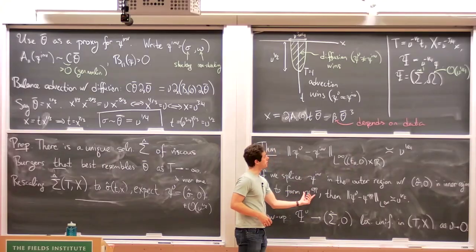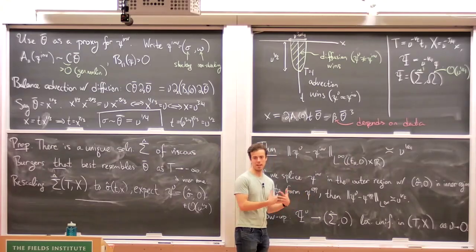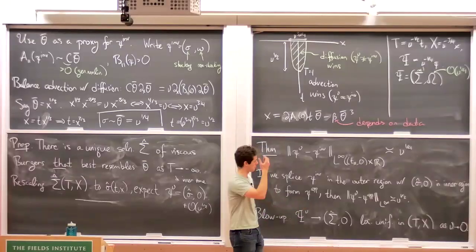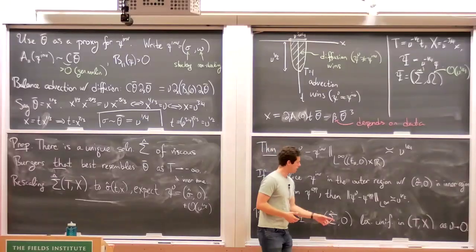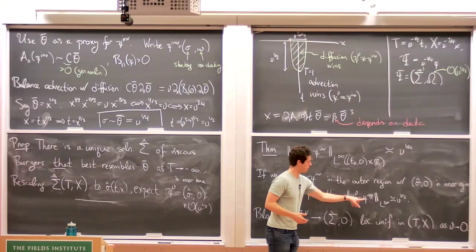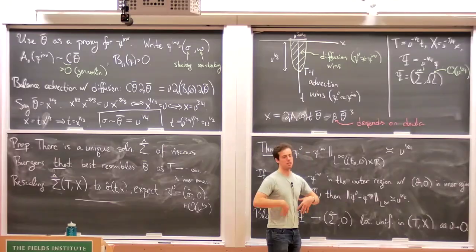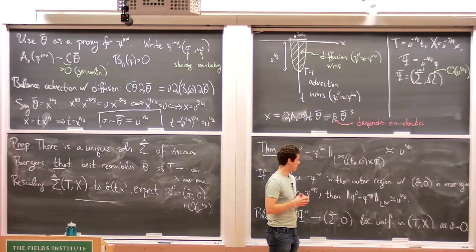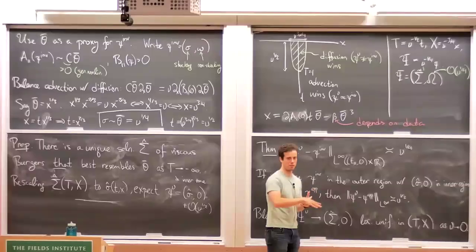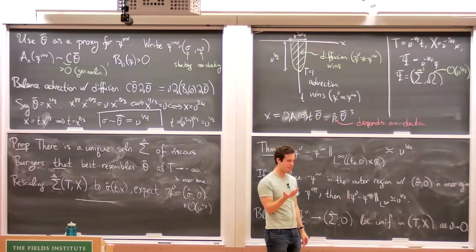We could plug this function into our equation, and you would get a little bit of error because it's not an exact solution to Navier-Stokes, but it should be close if we've done our job properly. And you could try to argue that the equation for the difference solves basically a roughly linearized version of Navier-Stokes with a small forcing. And hopefully you could show that solving that evolution equation with small forcing and starting from 0 data keeps everything small. But that's just a hope.